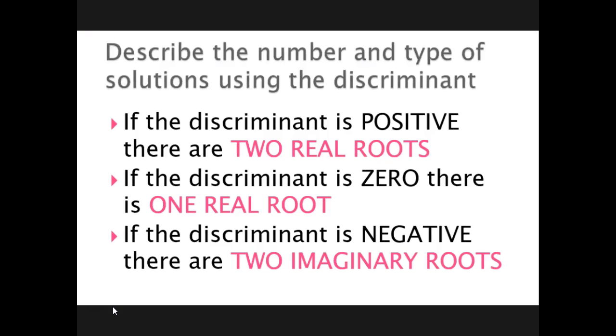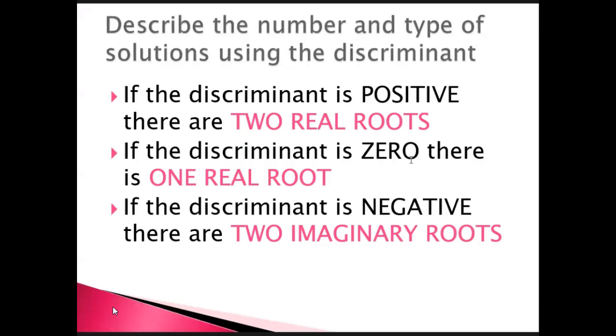So, the discriminant has 3 cases. Case 1 is the answer you get for the discriminant is positive. If the answer you get is positive, then you have 2 real roots. If the answer you get is negative, then you have 2 imaginary roots.